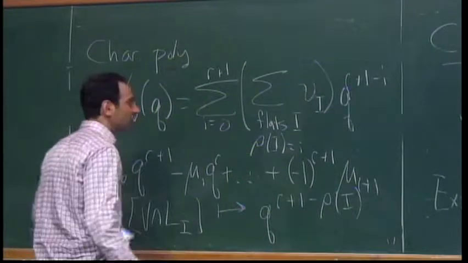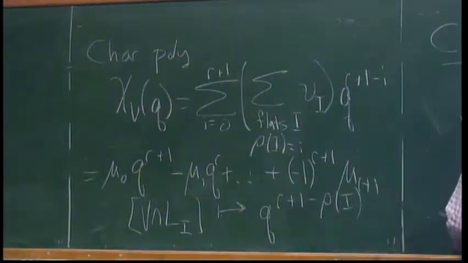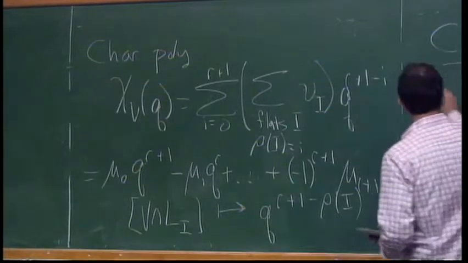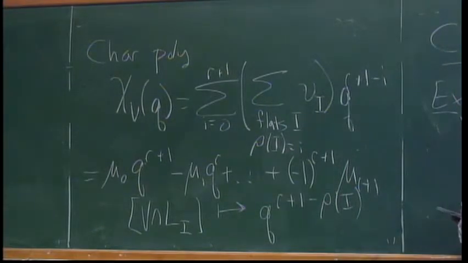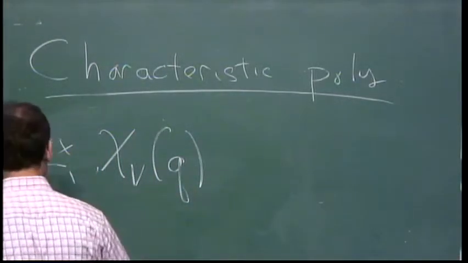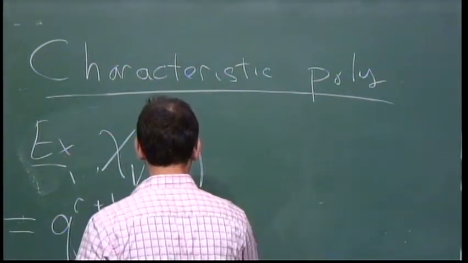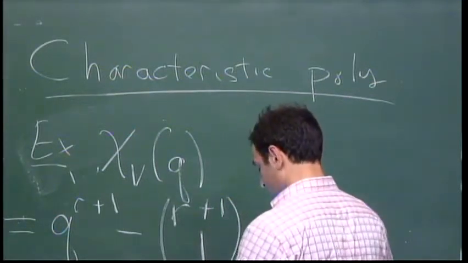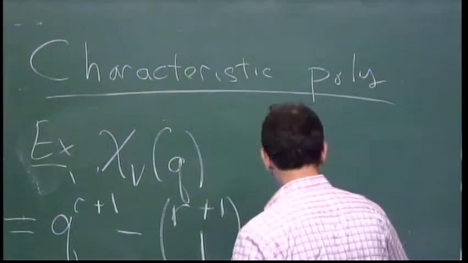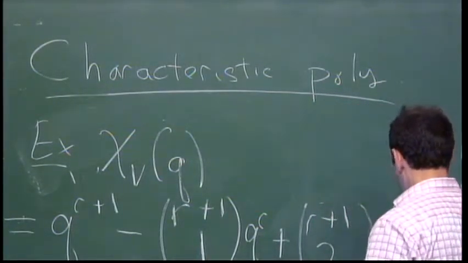So in the case of our generic subspace, what we get is the following for the characteristic polynomial. So just an alternating sum of binomial coefficients.